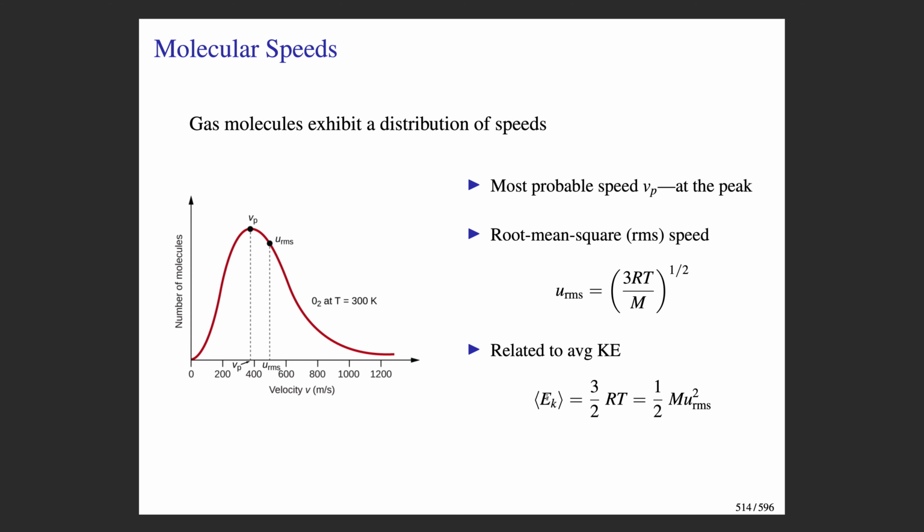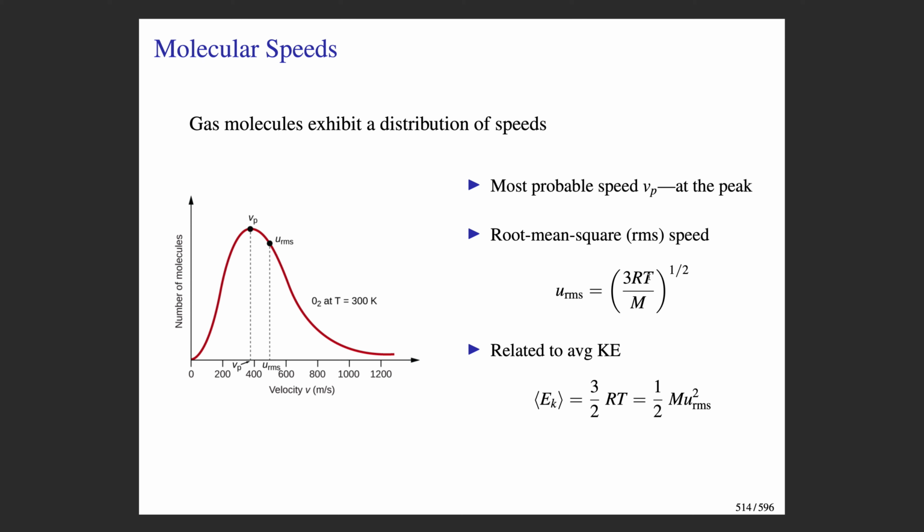So kinetic energy is 1/2 times the molar mass of the gas times the root mean square speed squared. What it's showing you is where this relationship comes from. The root mean square speed is related to the temperature through this equation.